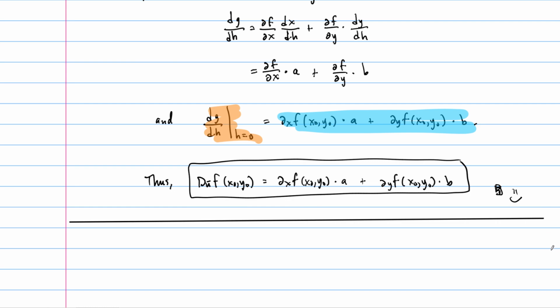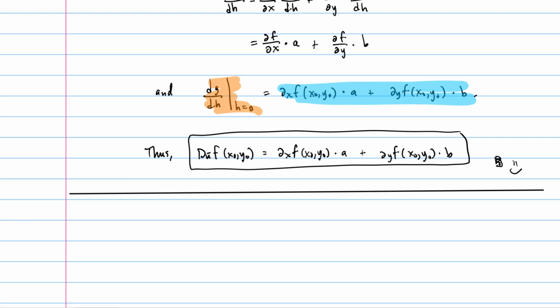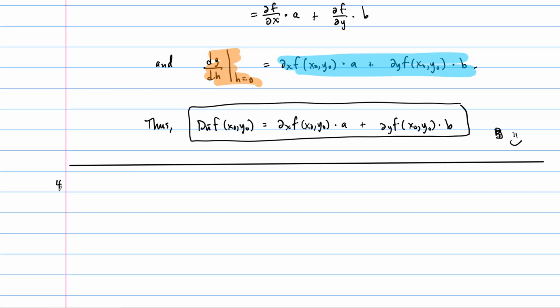In the next example, I would like us to use this formula to compute the directional derivative given the following information. So this time, let's let f of x y equal x cubed minus 3xy plus 4y squared. And I want to compute Duf at the point 1, 2 in the domain.